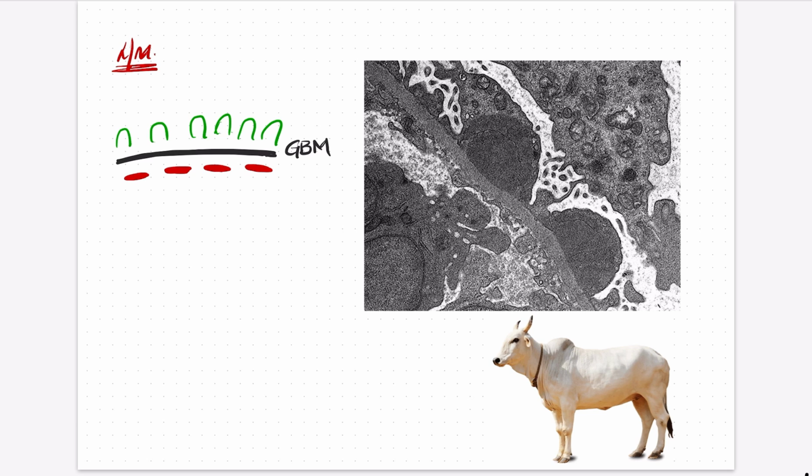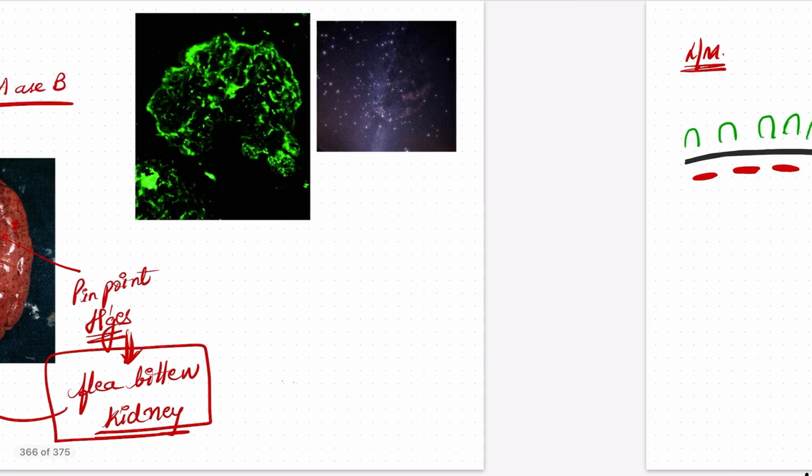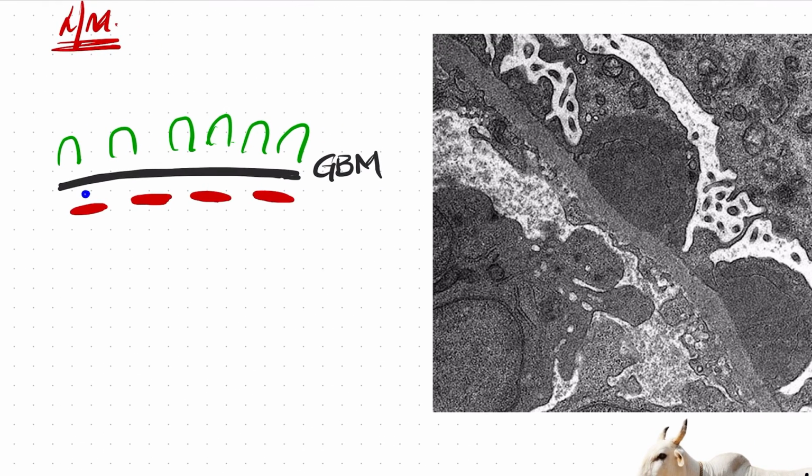These are the podocytes. So, whenever there is immune complex deposition, first they get deposited subendothelially. Subendothelial deposition starts first, underneath this endothelial cell. So the immune response gets activated, and then from this blood vessel, neutrophils and macrophages come and infiltrate.